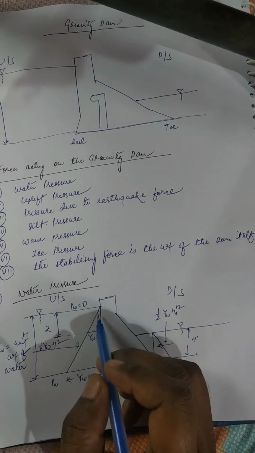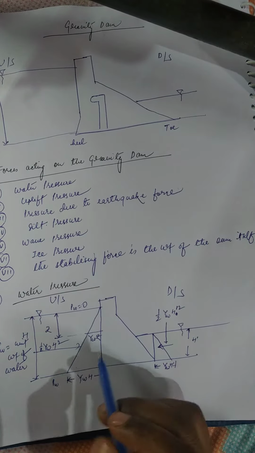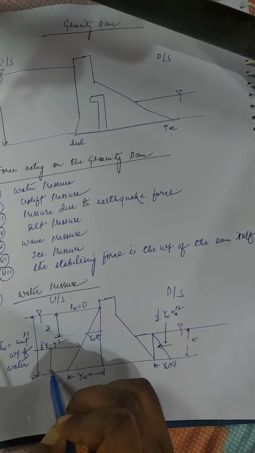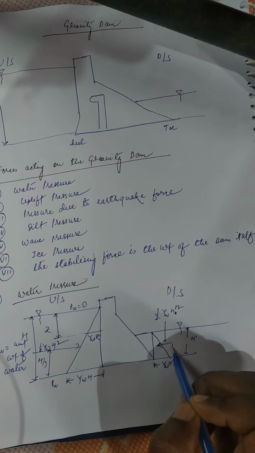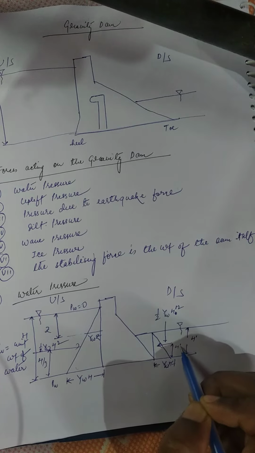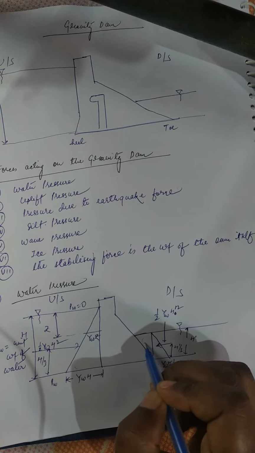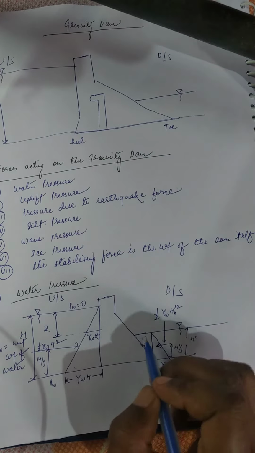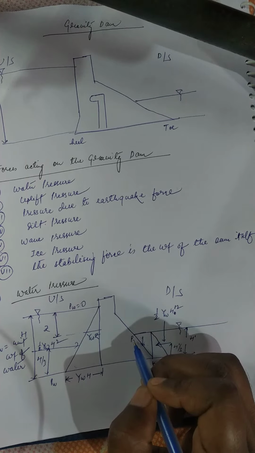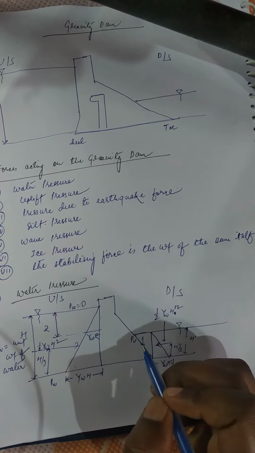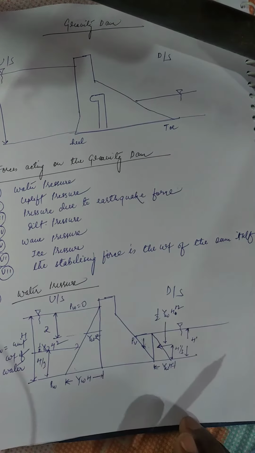This is calculated by the area of the pressure diagram, and this height will be H upon 3 and this height will be H dash upon 3. And here this water will act in the downward direction. So this water pressure is PV. So this is all about the water pressure.